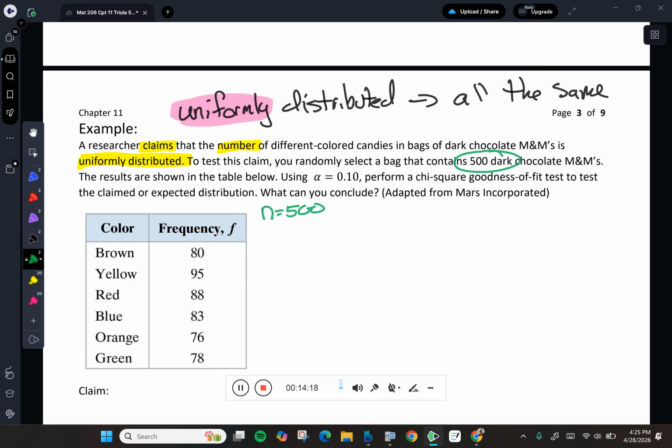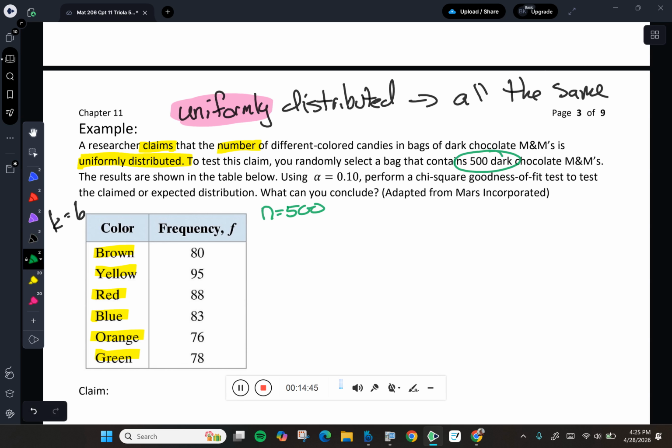So now I got a table here. These guys, the brown, the yellow, the red, the blue, the orange, the green, the colors are going to be our, what were those again? Oh, those are the different possible outcomes. Those are the Ks. So it looks like we have K equals 1, 2, 3, 4, 5, 6 of these. K is 6. We have 6 different possible outcomes. Right?